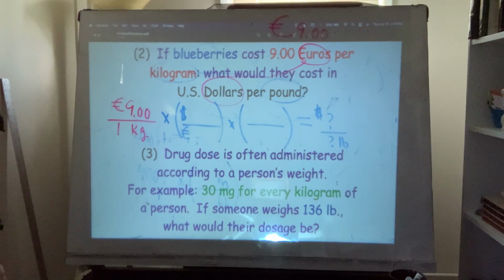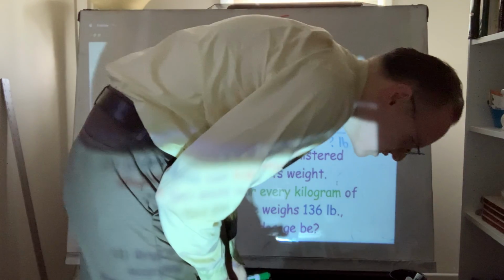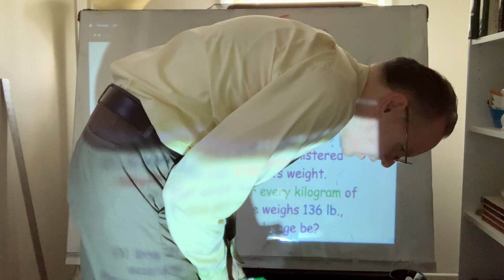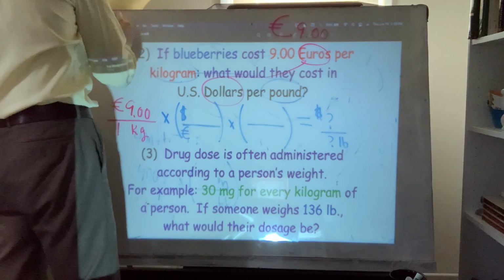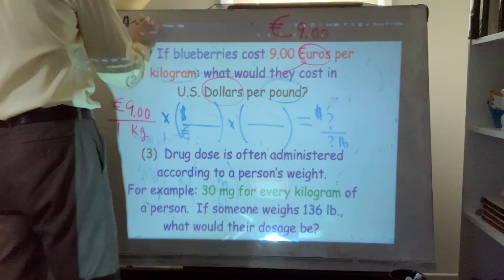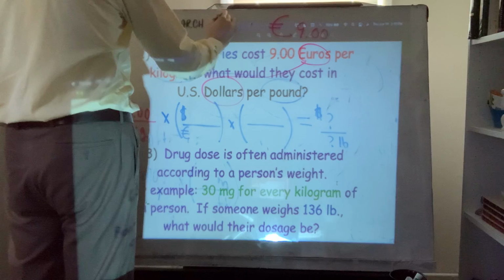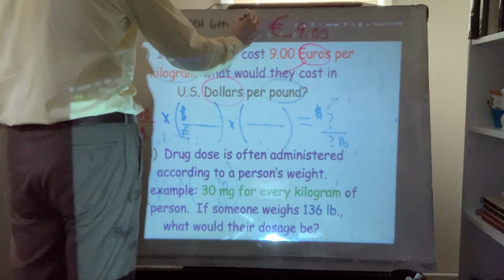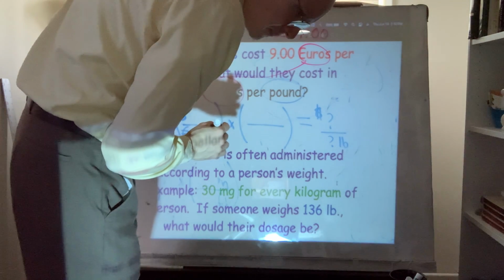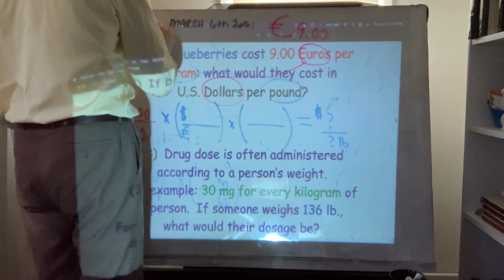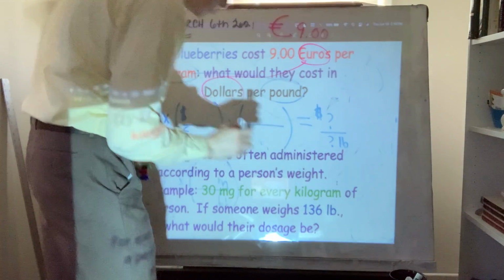Right? This is one of those things that you would have to look up the daily exchange rate. I'm a ding dong and I didn't do that. Let's see. As of my birthday, as of March 6th of this year, 2021, this is the exchange rate. 1 euro equals 1.19 US dollars.